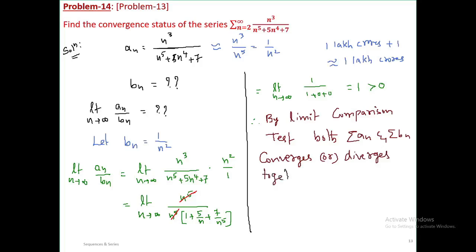So here everything is depending on series bn. Now what is series bn? Series bn, which is nothing but series 1 upon n square, converges by p series test.